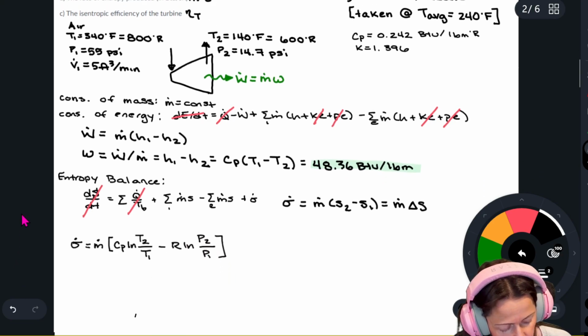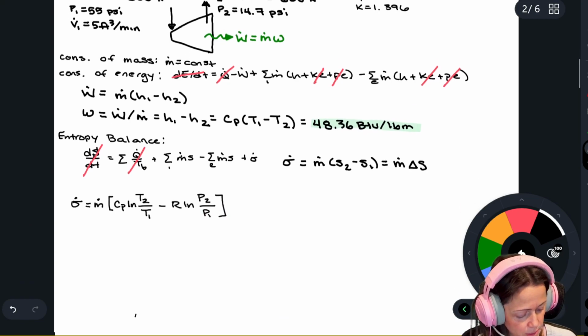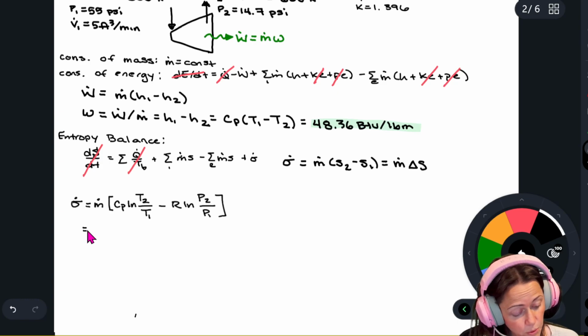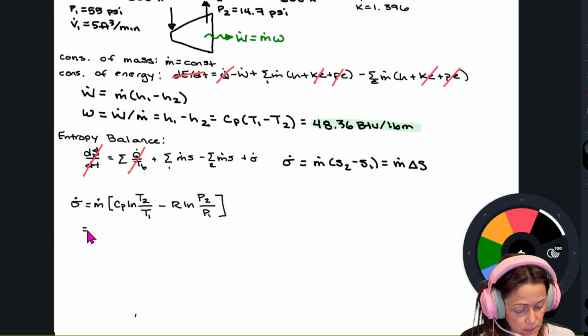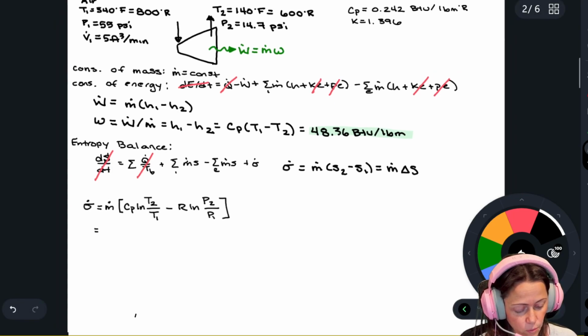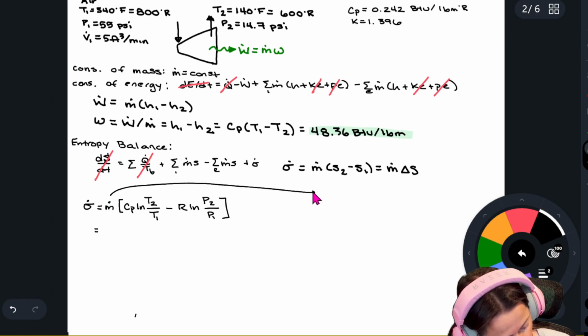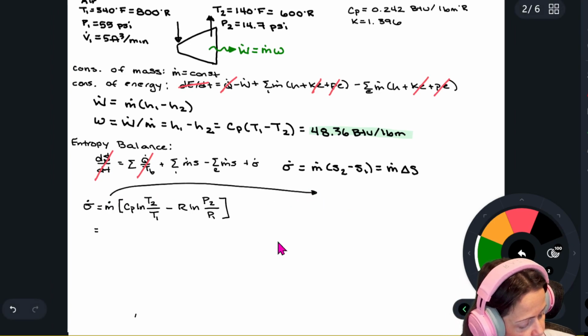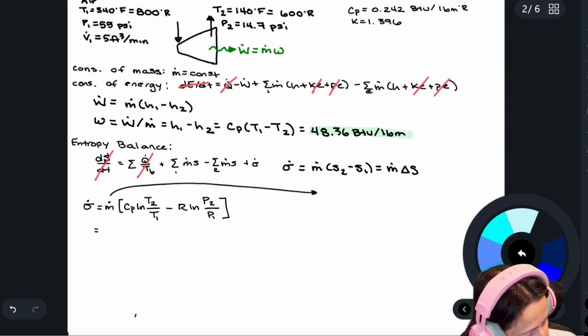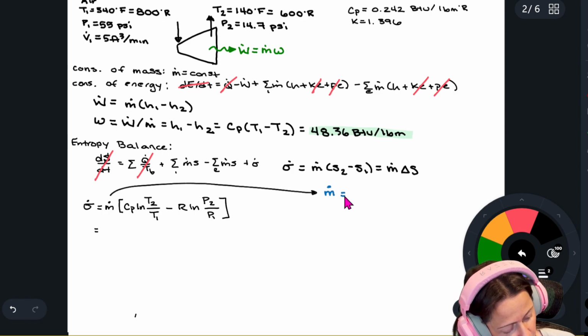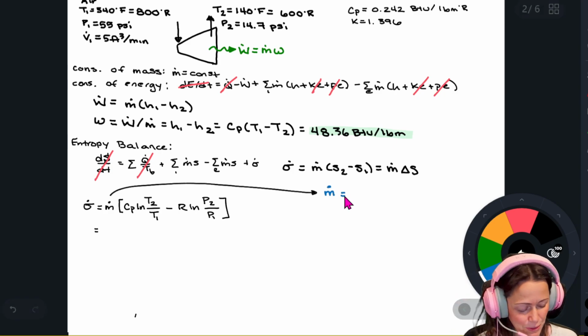And let's go ahead and plug those numbers in so we don't get mixed up. Make sure we know what we're plugging in. And I don't actually have my mass flow rate, but that's okay. I have the volumetric flow rate at state 1. So let's actually bring it over here. So m dot, let's put it in a different color so we know we're doing something a little different.